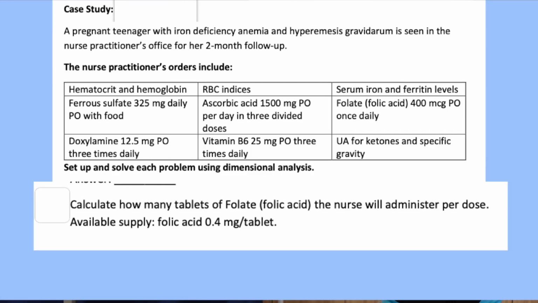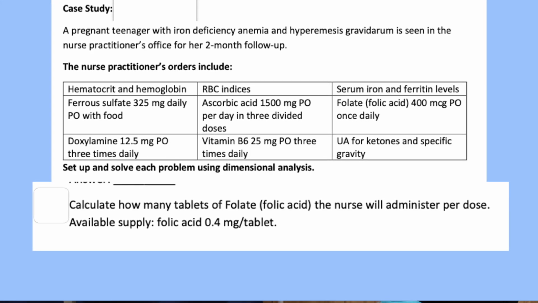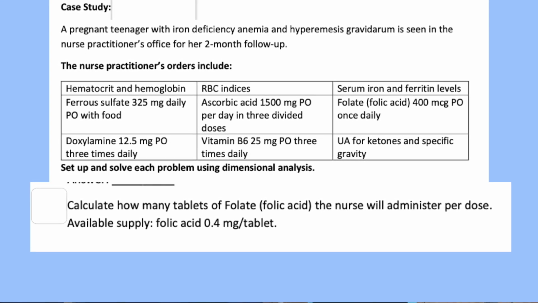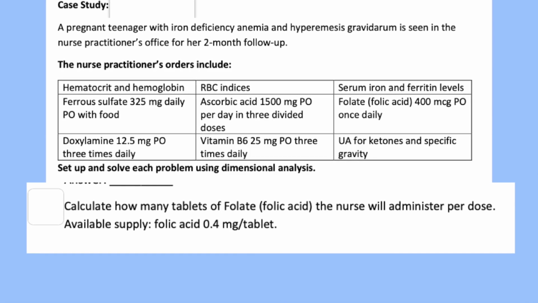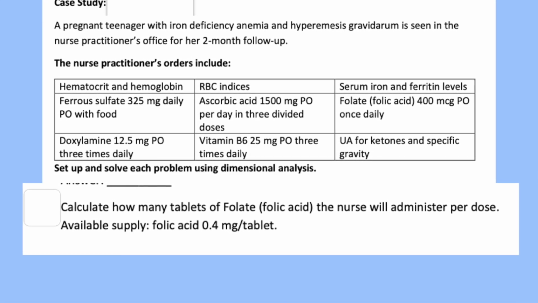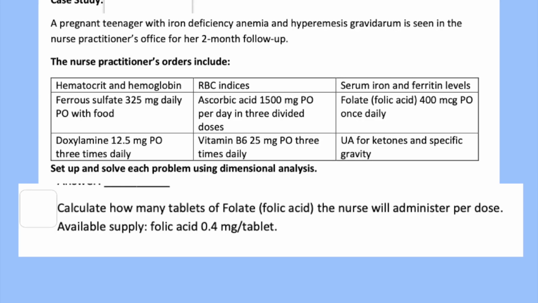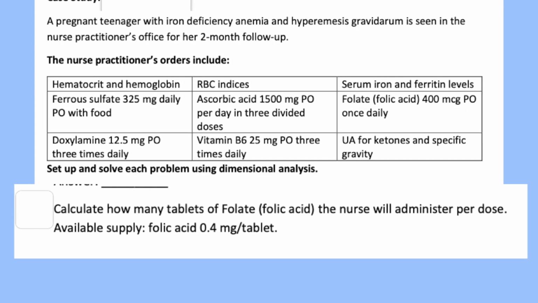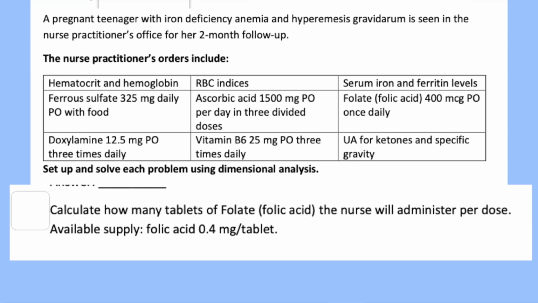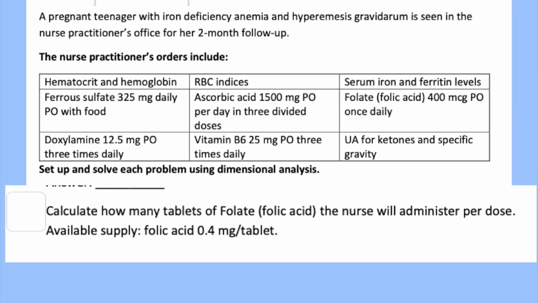It says same thing. It says calculate how many folic acid tablets, or how much folate, are you giving per dose. And the available is folic acid 0.4 milligrams per tab.